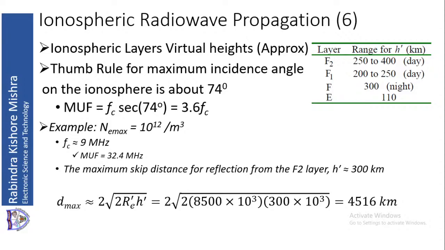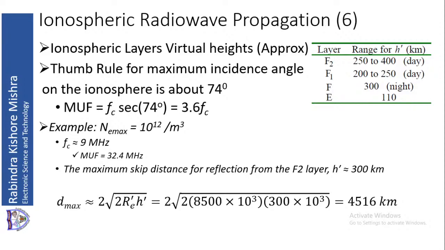So the root gives 10 to the power 3 into 10 to the power 3, root over is 10 to the power 3. So from that we get kilometers, and 2 into 8500 into 300, root over, into 2 is equal to 4516. So Dmax is equal to 4516 kilometers.